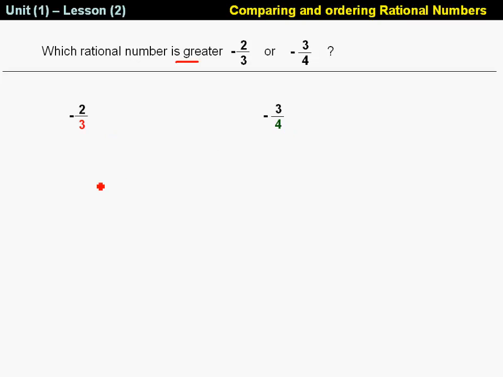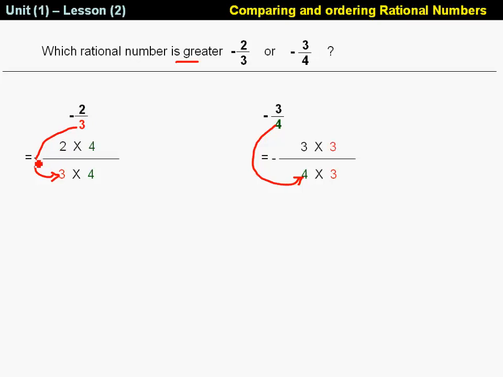So here will be 3 times 4 and here also 4 times 3. This is 3 and this is 4. 3 here is multiplied by 4 and here multiplied by 3. Both will give the same denominator. I will write these two here, and we multiplied 3 times 4, so we must multiply 2 times 4 also.